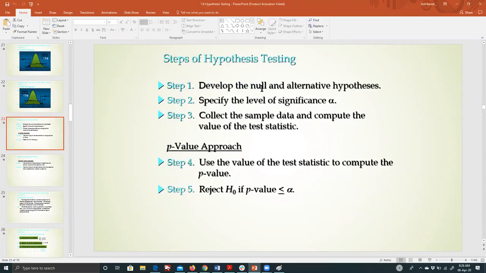Hypothesis and alternative. Exactly. First, develop the null and alternative hypothesis. Specify the level of significance alpha, collect the sample data and compute the value of the test statistic. Can you do the first three steps?